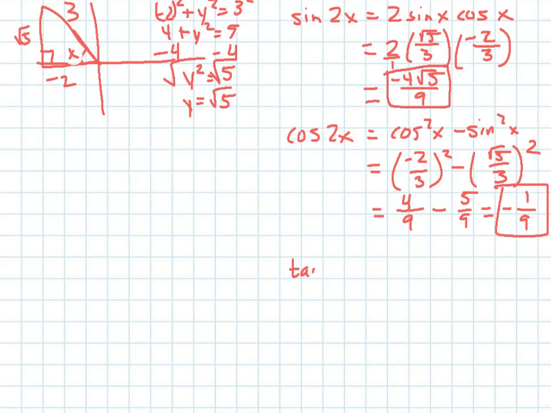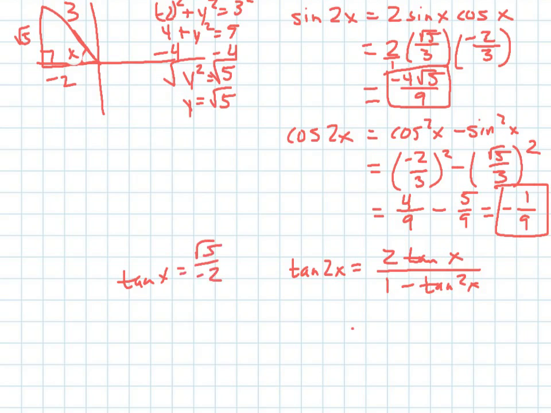And then tangent 2x, so 2 tangent of x over 1 minus tangent squared x. So tangent is your, sorry, square root of 5 over negative 2.